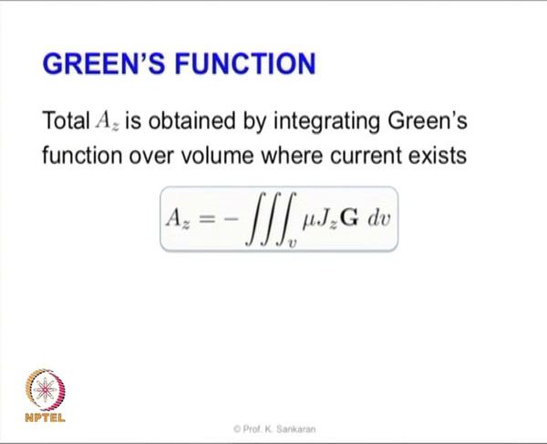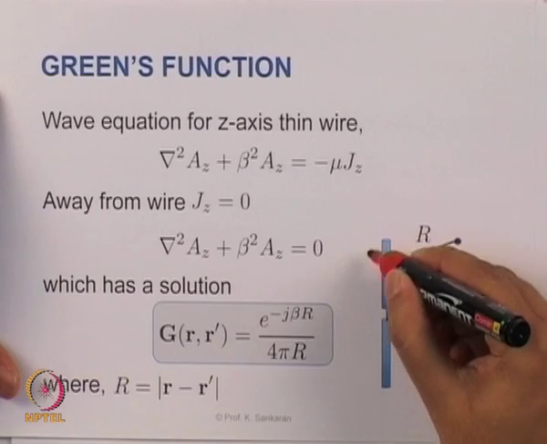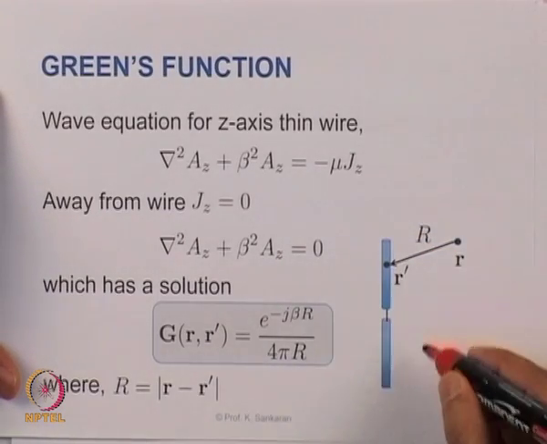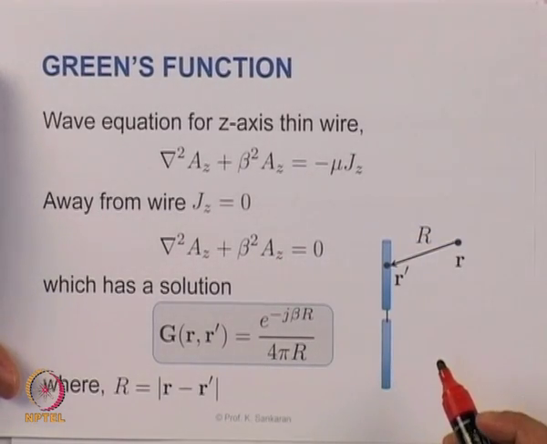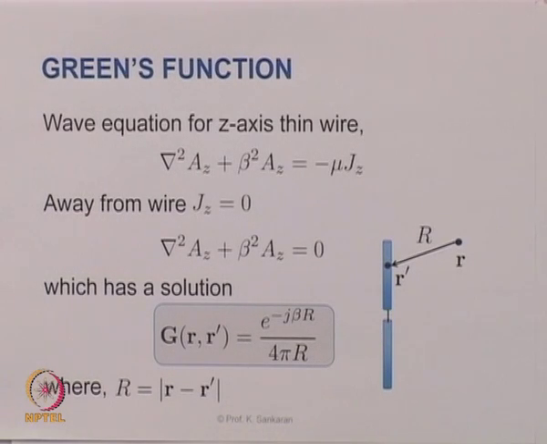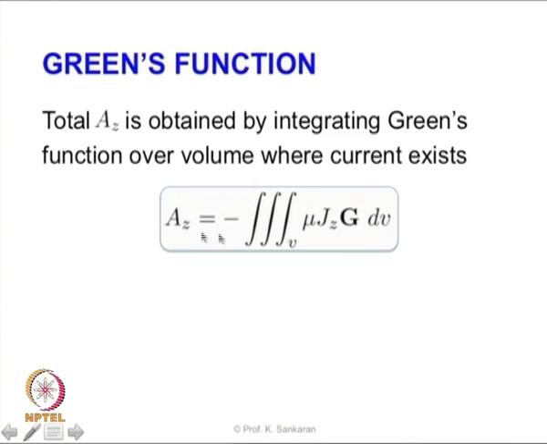When I say the volume, basically this entire volume. And the beauty of the method of moments, as you will see in a bit, is to transform this complicated equation, which is Az, a volume integral, into a simple surface integral.